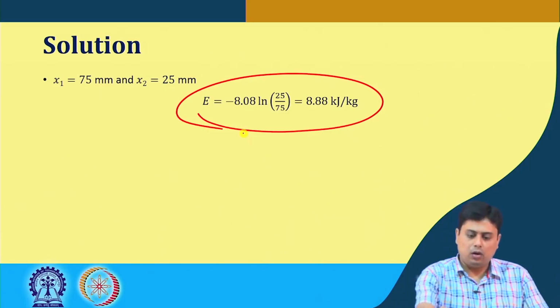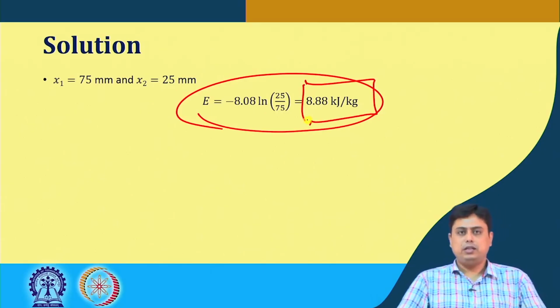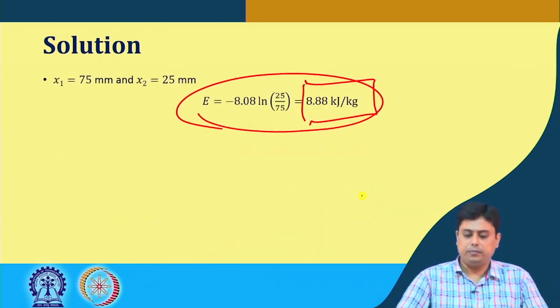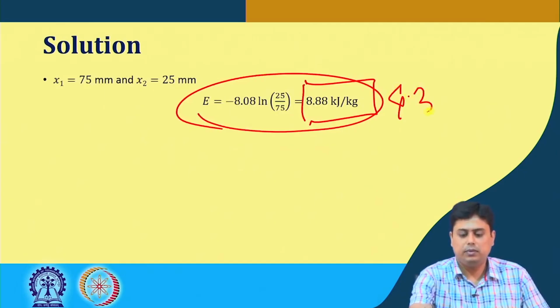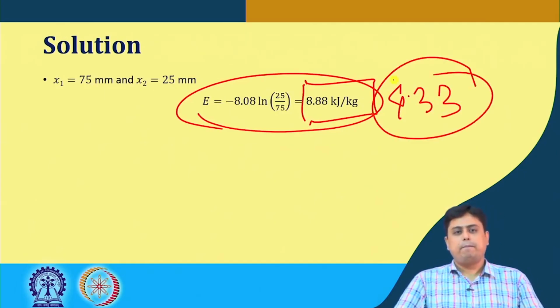So, Kick's law says we have an energy requirement of 8.88. From Rittinger's, we had 4.33, double of that. A huge difference in predictions. So, now comes the third part: which one is more reliable and why.